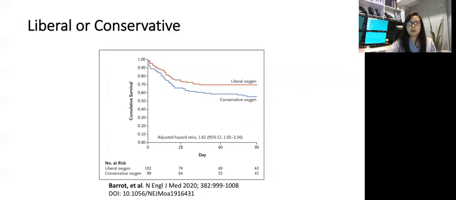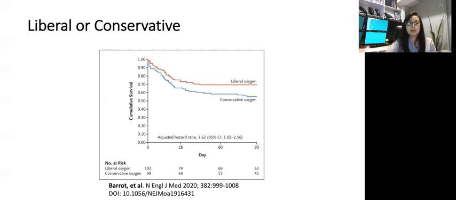Investigators in France randomized patients with acute respiratory distress syndrome to either a target partial pressure of oxygen of 55 to 70 millimeters of mercury, the conservative group, which is 88 to 92%, which is actually the target for our ARDSNet trial, or a PaO2 of 90 to 105, which they call the liberal group, which targets a saturation of over 96%.